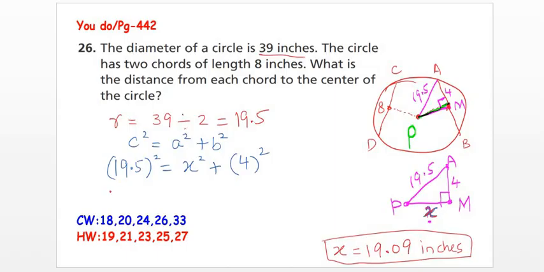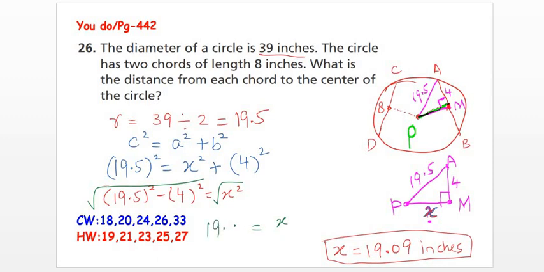And if I solve it step by step, it is going to be 19.5 squared minus 4 squared equals x squared, right? So you can put all of this on the calculator, or directly you can write this side square root and all of this in the square root. It will be easy for you. When you put all of this on the calculator, it will give you x equals 19.09.